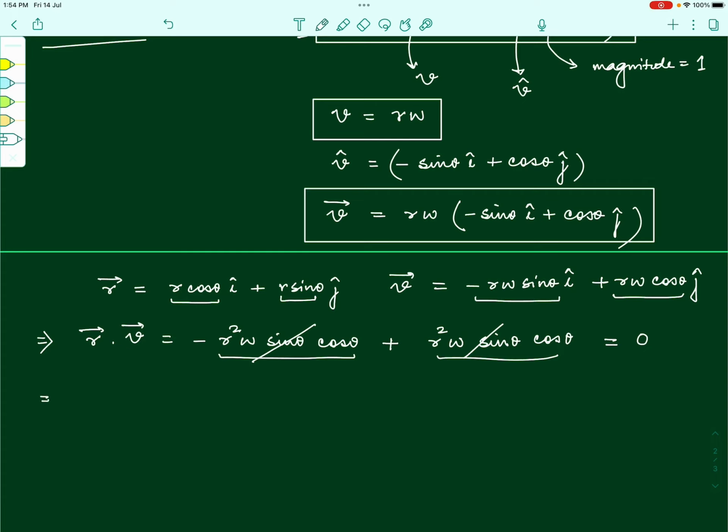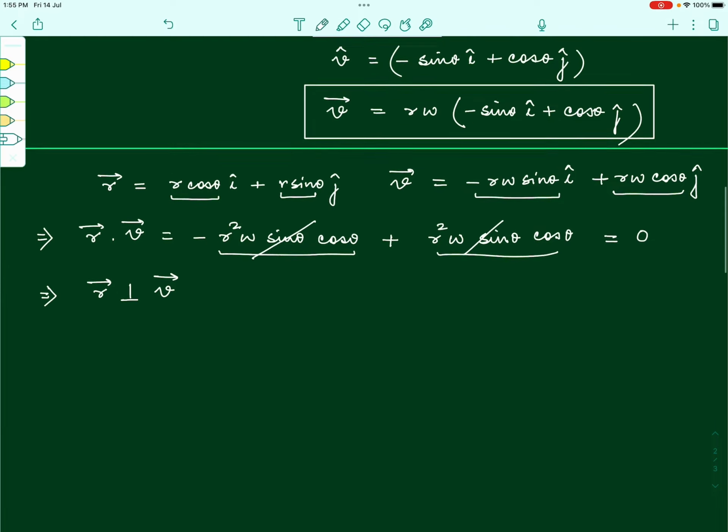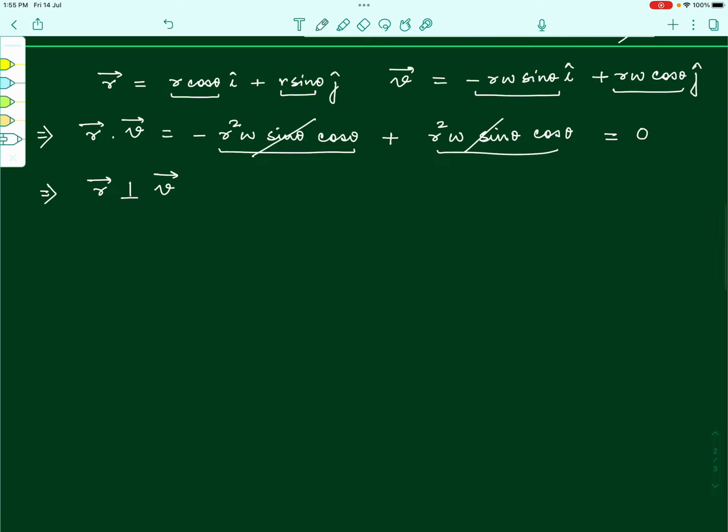What does that imply? That implies that the vector r is perpendicular to vector v, because their dot product is coming out to be 0. This is the result that we get. Now, what is the meaning of vector r being perpendicular to vector v? This means that the velocity vector is perpendicular to the radial vector, radius vector, that is. How do we see that?